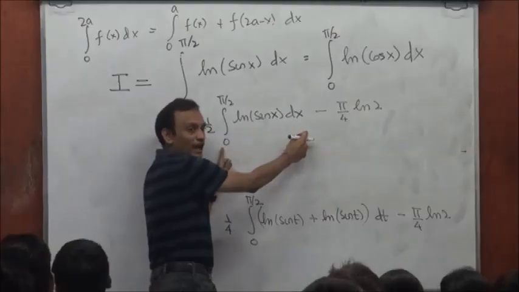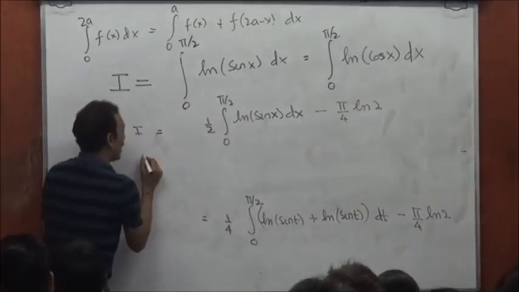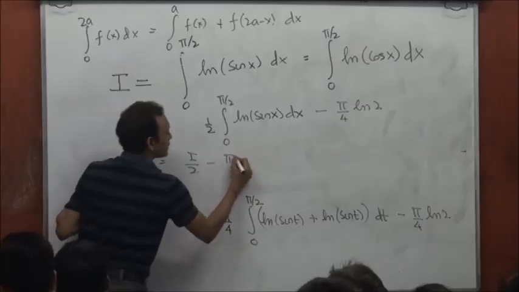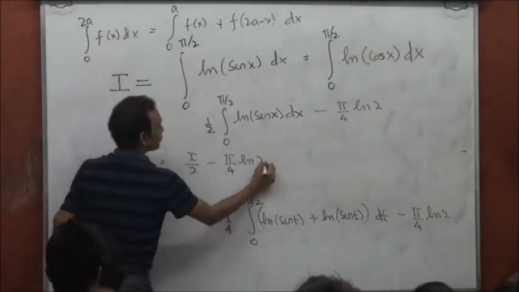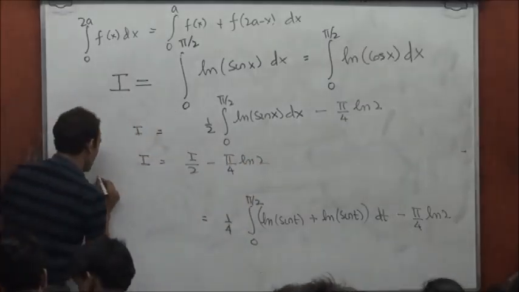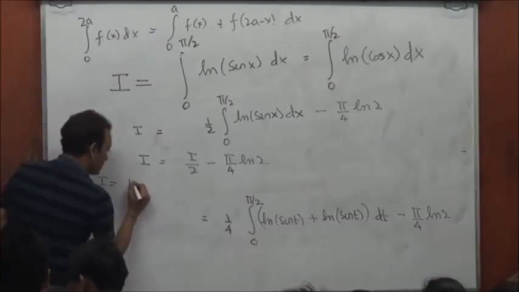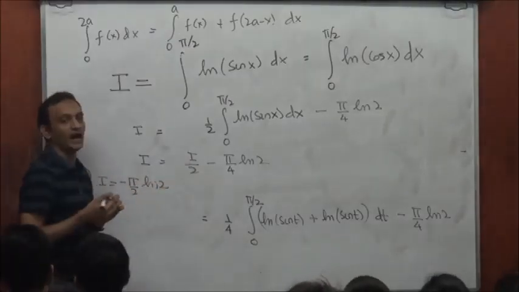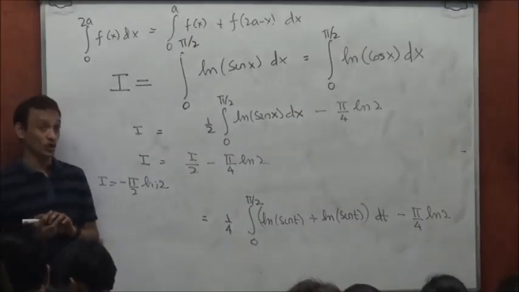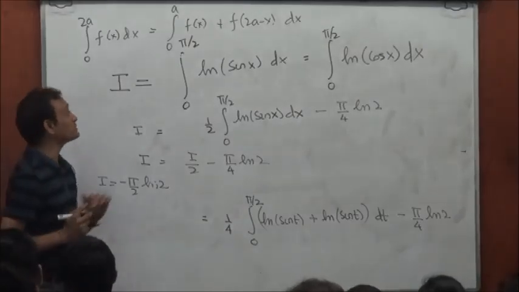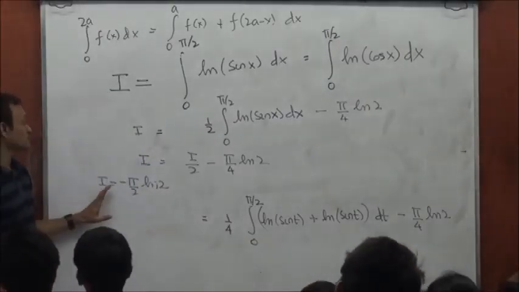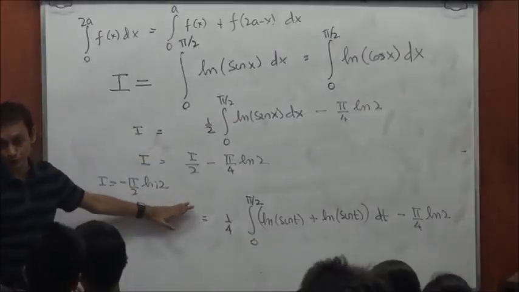But then this is I. So we have I equal to I by 2 minus pi by 4 log 2. So I then becomes minus pi by 2 log 2, transposing. I want you to remember this result: integral 0 to pi by 2 of log sin x is minus pi by 2 log 2.